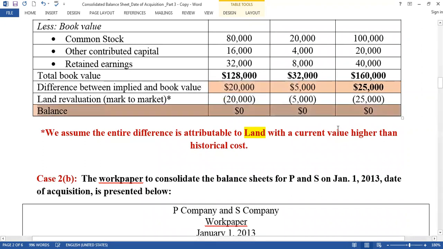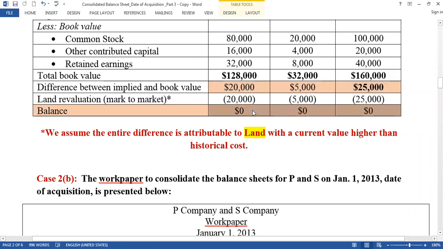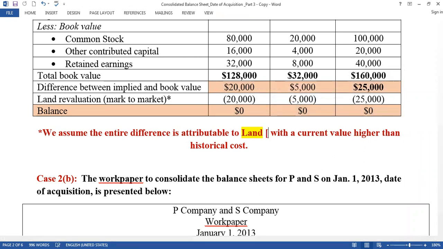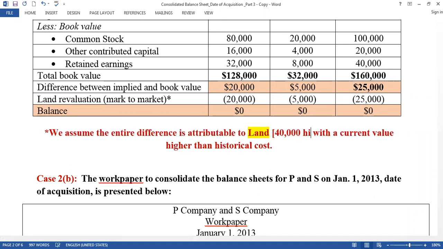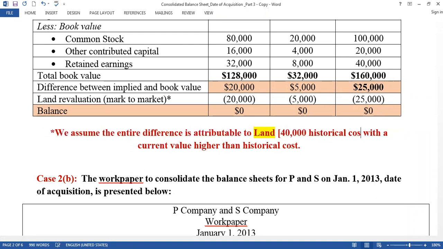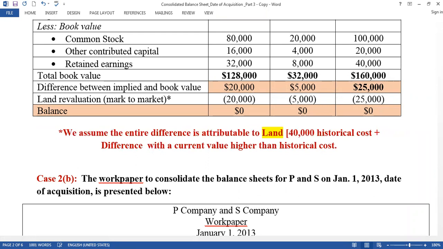This is important. First, we are going to calculate the difference. After calculating the difference, we make it 0. Why do we make it 0? Because this difference is going to be added here to the land. So land before is the historical cost, $40,000, plus we are going to add the difference, $25,000.